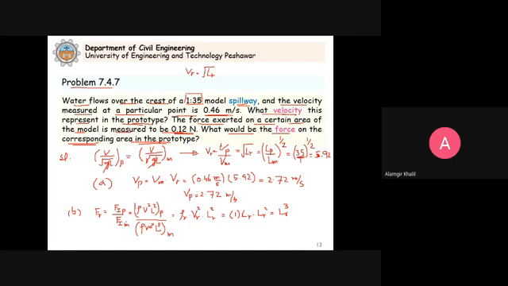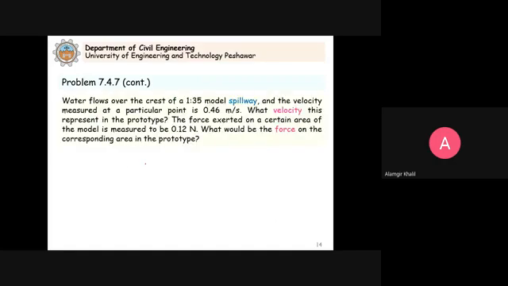Now you can ask a question that, okay, I consider the inertia forces in the model and the prototype, and the force scale ratio is equal to LR cube. If I consider the gravity forces, what will be the situation? So let us try to derive the scale ratio. If we consider the gravity forces, what we get.